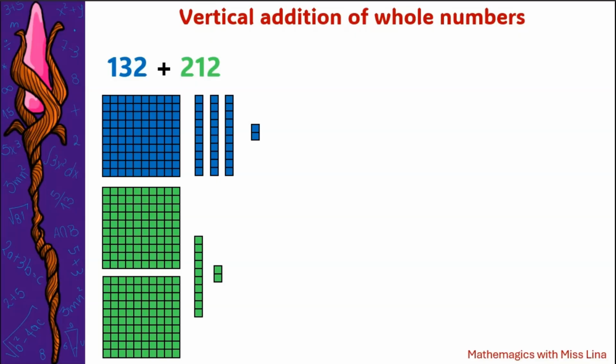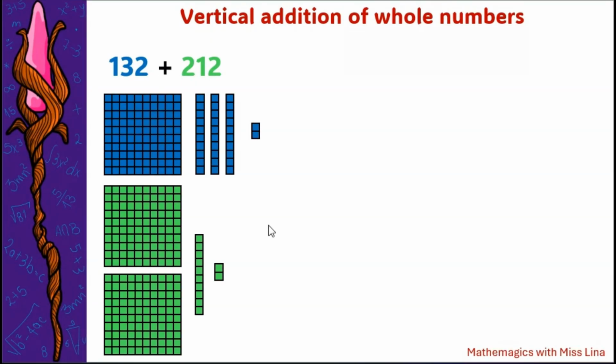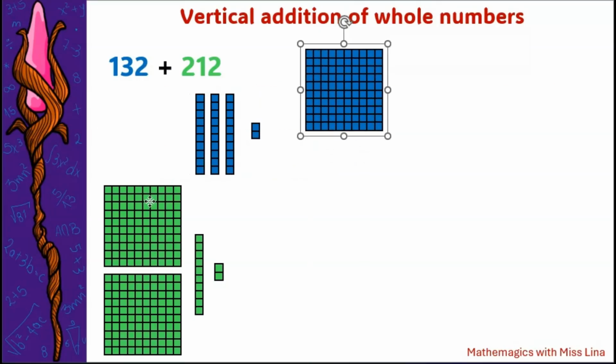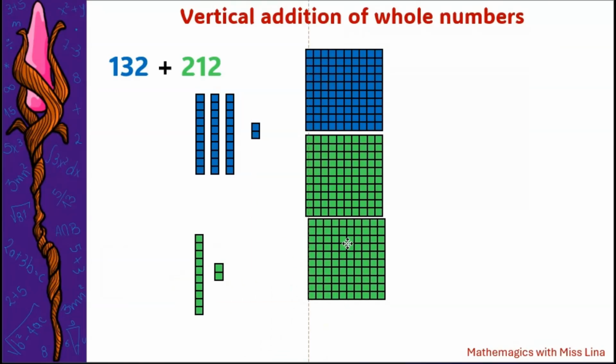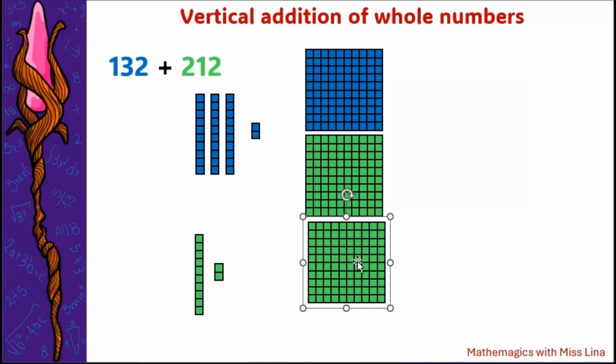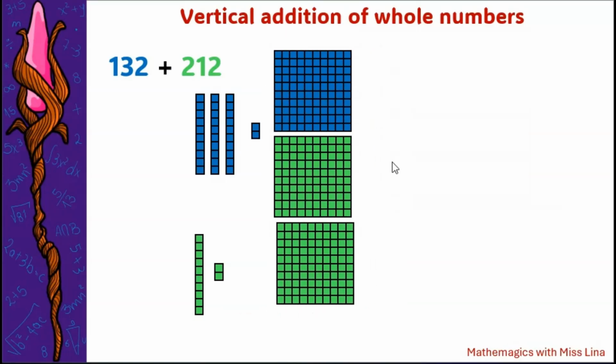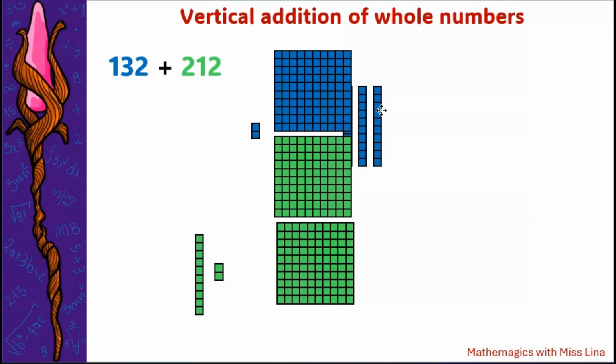So in order to add them, the best is to group the elements with the same size. For example, the hundreds, we are going to put them together to count how many we have in total. So we have these three blocks here. We put them together. We do the same with the tens, with the strips.